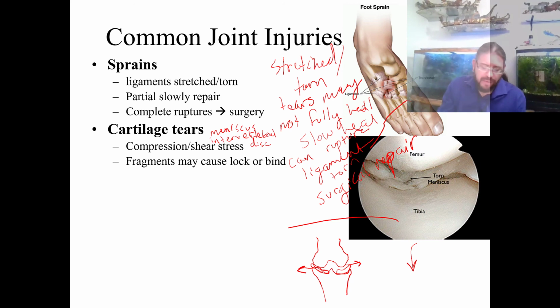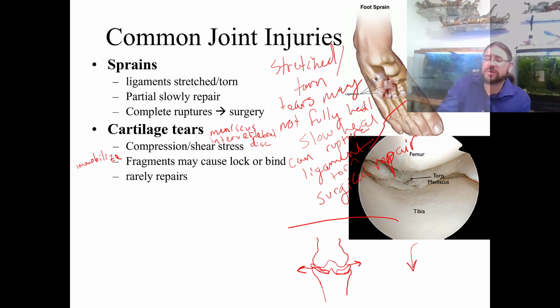The big problem with this is that if fragments of that torn cartilage remain in the joint, they may lock up or bind the joint. They can immobilize the joint, which is rather dangerous. You don't want your knee to suddenly lock up.